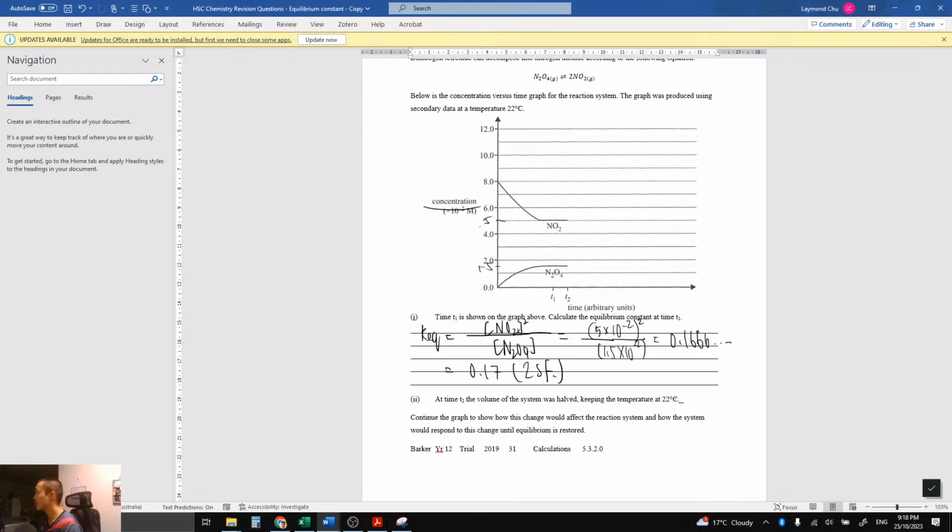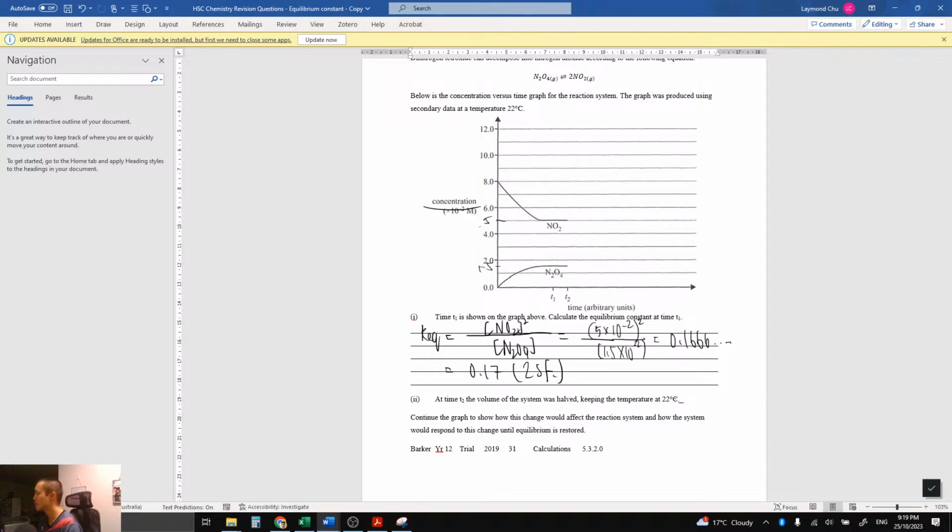At time T, the volume of the system was halved, keeping the temperature at 22 degrees. Continue the graph to show how this would change the reaction system and how the system would respond to this change until equilibrium is restored. Okay, first of all, two parts to this. The system has its volume halved.